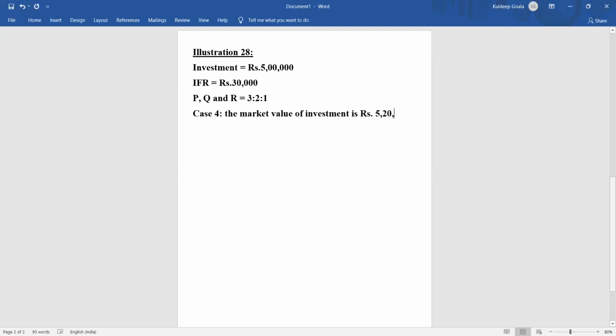So it has increased. What will be the treatment? Let's see and learn it. This was case number 4. Now I'm going to give case number 5, and I'll just copy it from here to save time.